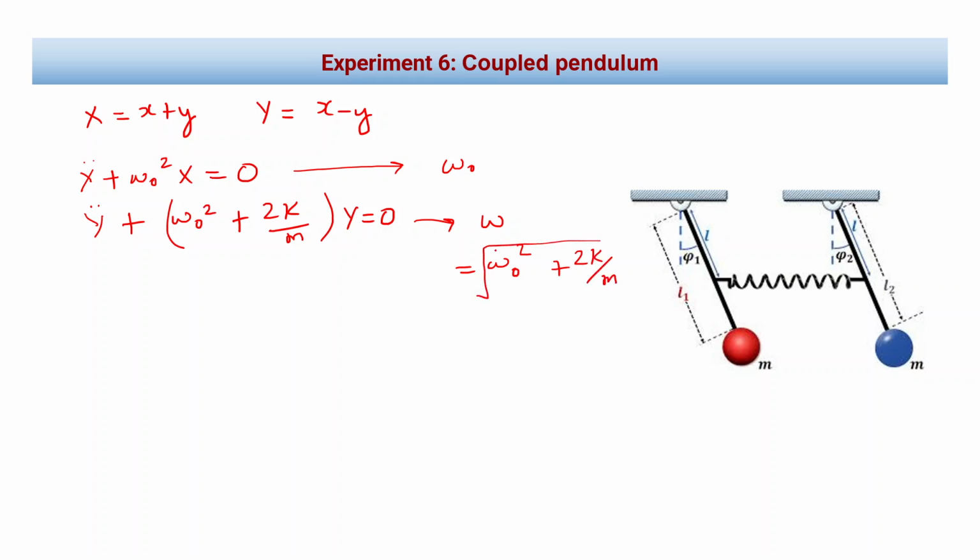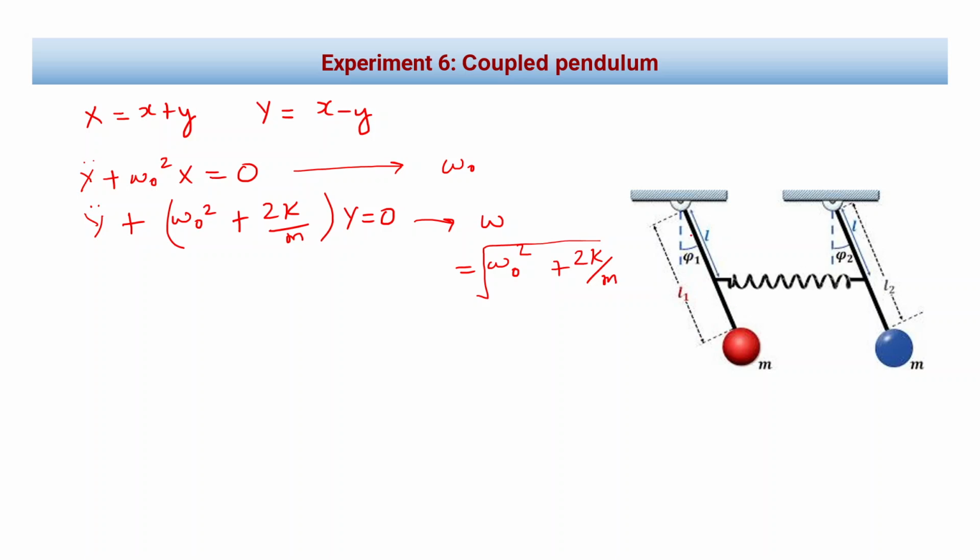That is the angular frequency in this case. Now what will be the different conditions that can happen when the two pendulums are coupled like this?